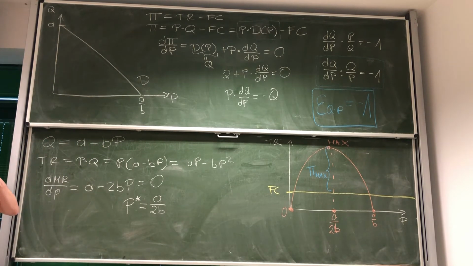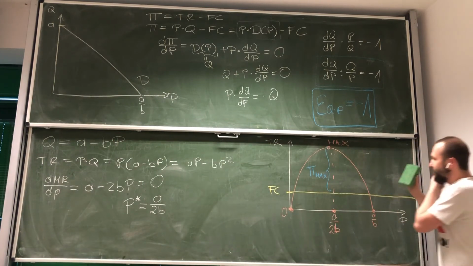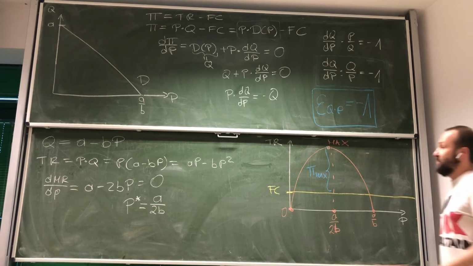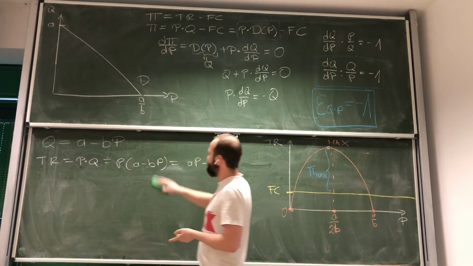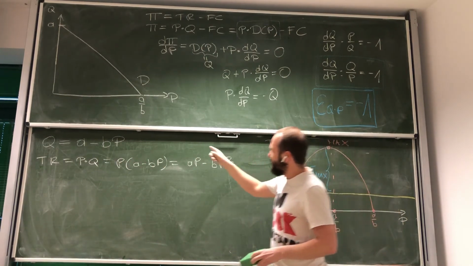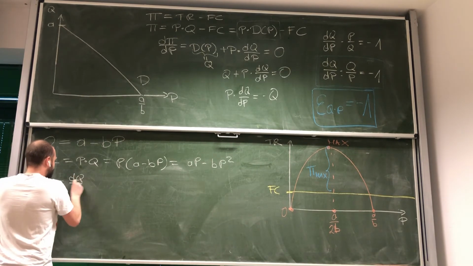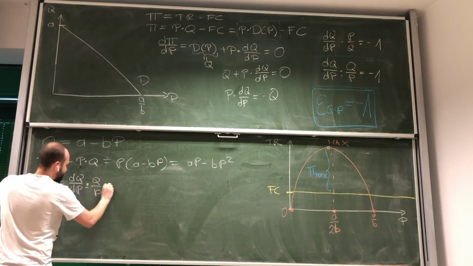Okay, but what is the relationship between this and price elasticity of demand? Maybe we should calculate price elasticity of demand of this particular function. Let's do so. So we've got that epsilon QP, the price elasticity of demand, is dQ/dP divided by Q over P, right?